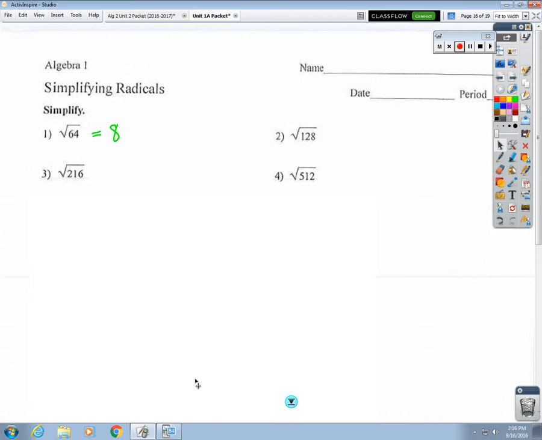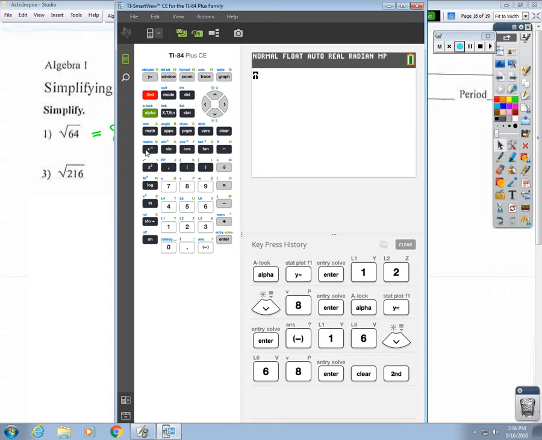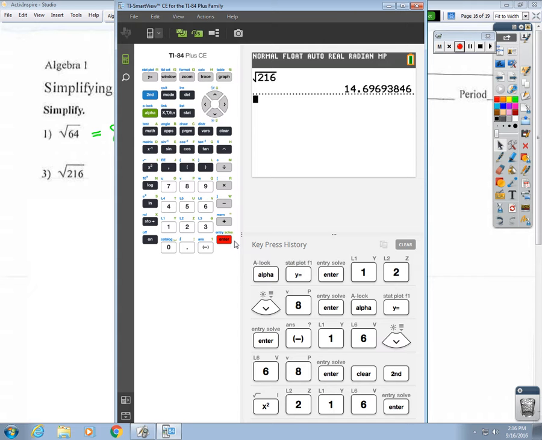Now, the reason I know it's not a perfect square is because if I type in the square root of 216 in the calculator, it does not give me a whole number. It gives me 14.69693846. But that is not what kind of answer we're wanting on this page. They don't want you to just evaluate it. They want you to simplify it.